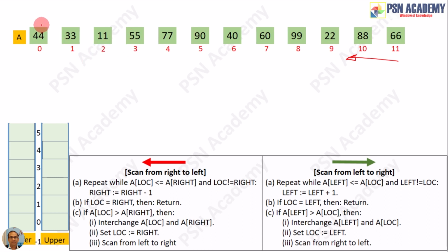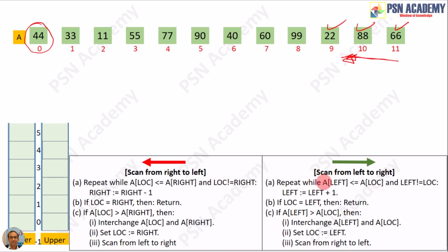For example, if you want to start with 44 and you want to place the 44 in the correct position in this list, then you have to compare this 66 and 88 and 22 and all those from the right hand side to the left hand side, and there is a condition how far it will move from right towards the left, and after stopping what you should do, everything is written over here.